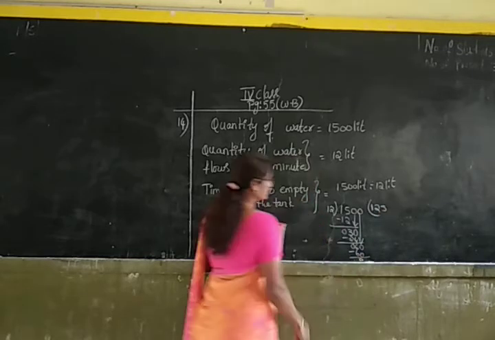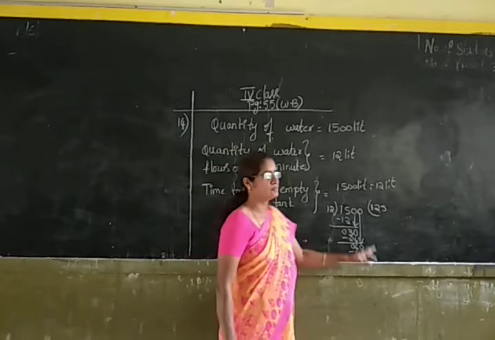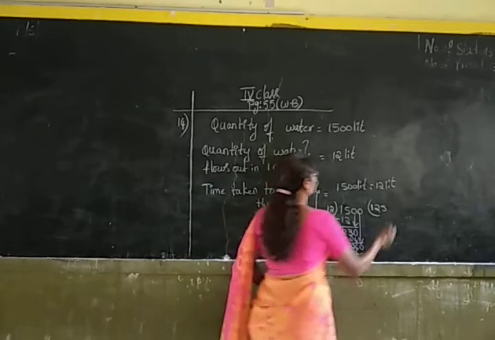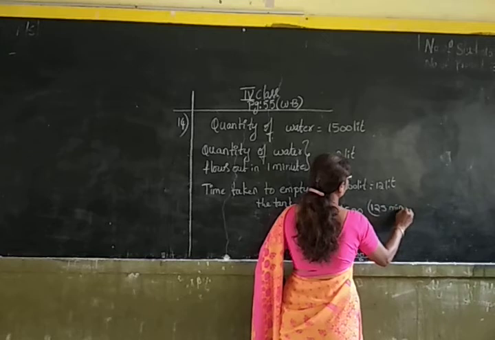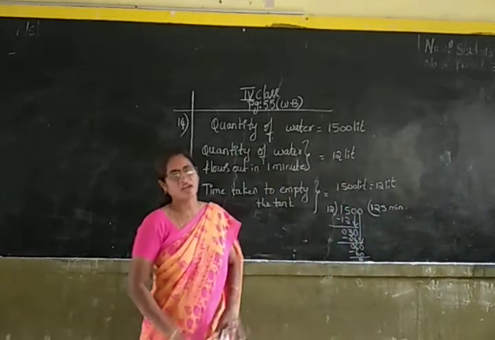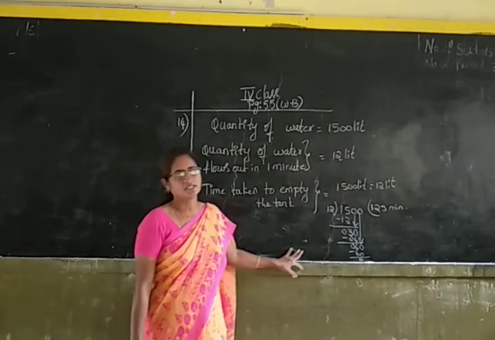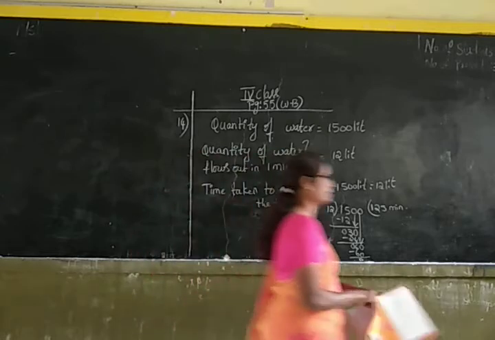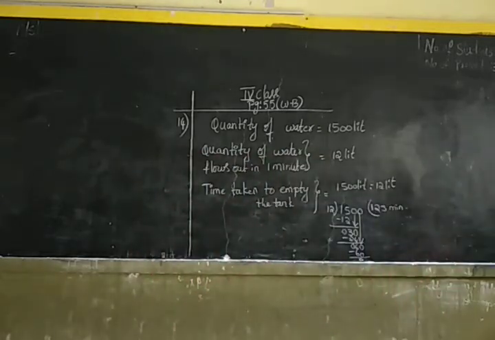There are no more numbers to bring down. So the division is completed. So it takes 125 minutes to empty the tank.